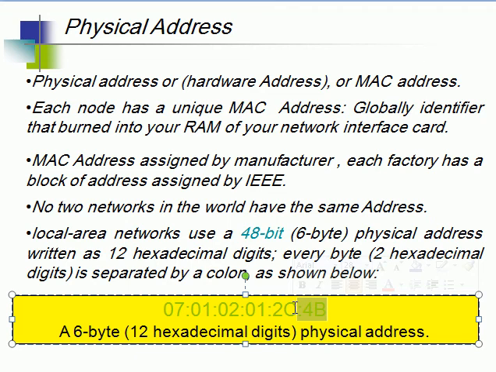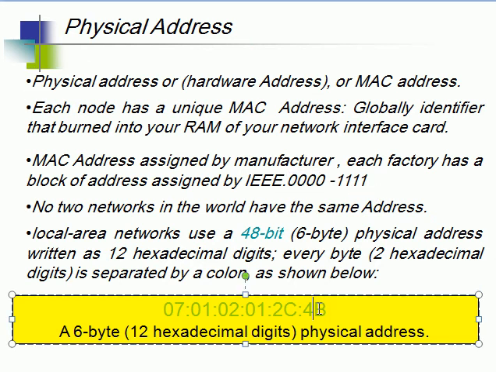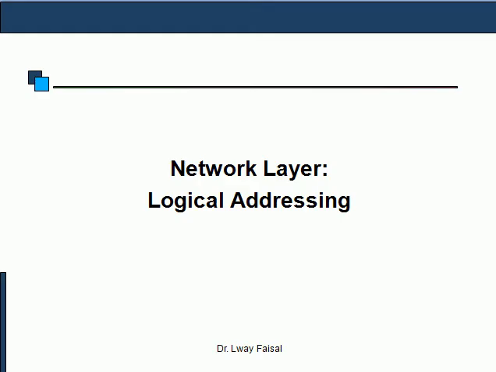As you know, the hexadecimal started from 0000 and ended at 1111. So there are 4 bits for every hexadecimal digit. So 4 plus 4 is 8 bits. That means 1 byte. So we have 3 bytes plus 3 bytes. These are 6 bytes. 6 times 8 is 48. So these are the 6 locations, 3 of them for IEEE.